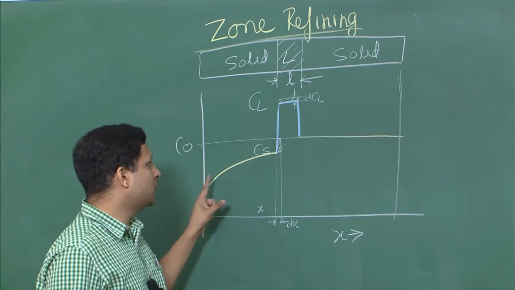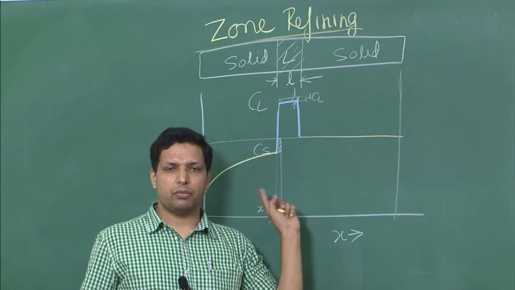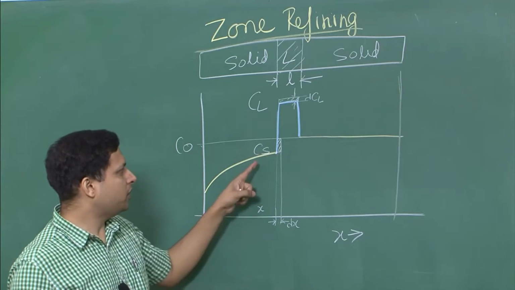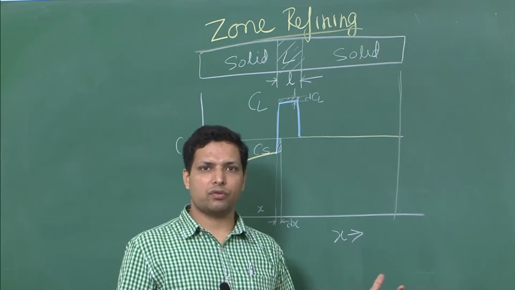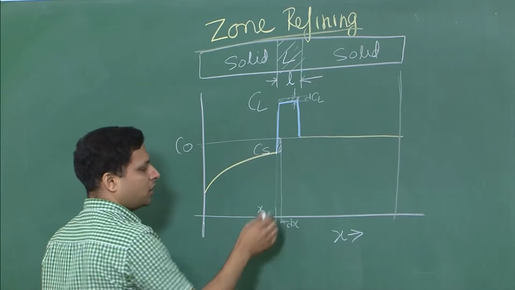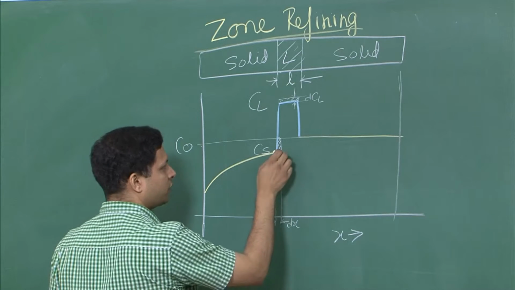Now, to find what the new concentration plot will look like, we will use a similar concept that we used for deriving Scheil's equation. Let us say this is the additional amount of liquid that is solidifying.